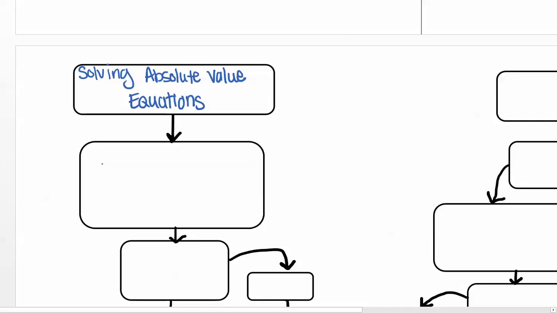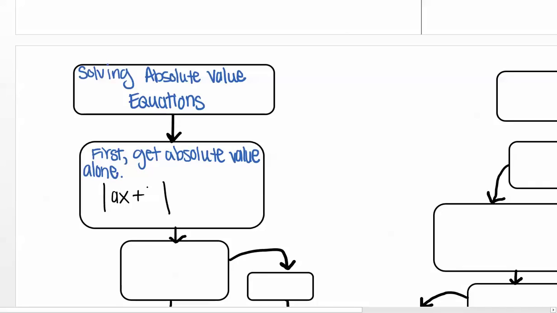So the first thing you want to do is get the absolute value alone. And it should look something like this. The absolute value of ax plus b, so a and b will be filled with some numbers, equals c.